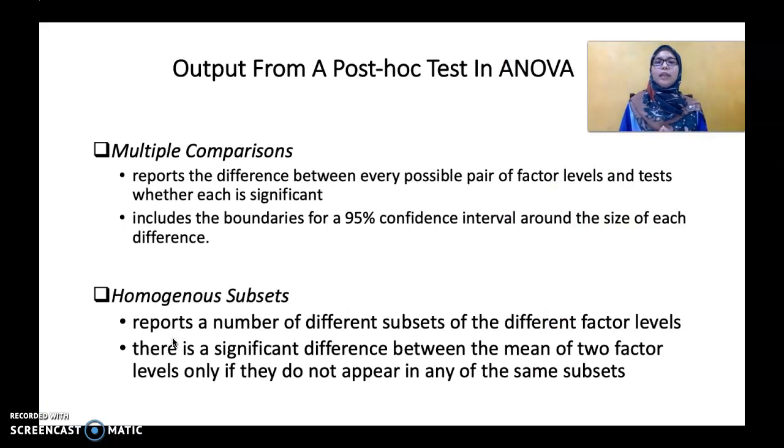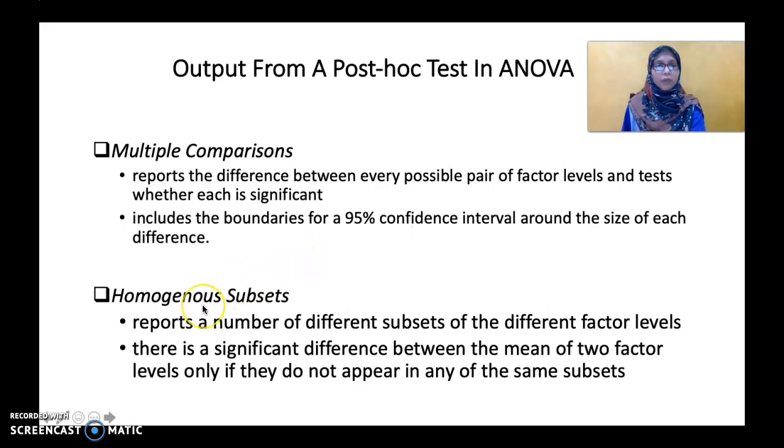So how do we read an output from a post hoc test in ANOVA? First, there is a multiple comparison table, which reports the difference between every possible pair of factor levels and tests whether each is significant. It includes the boundaries for a 95% confidence interval around the size of each difference.